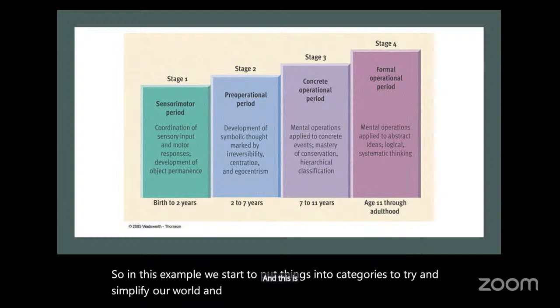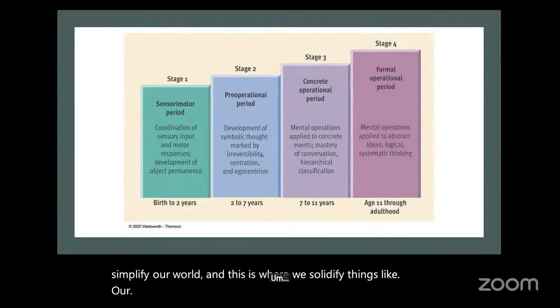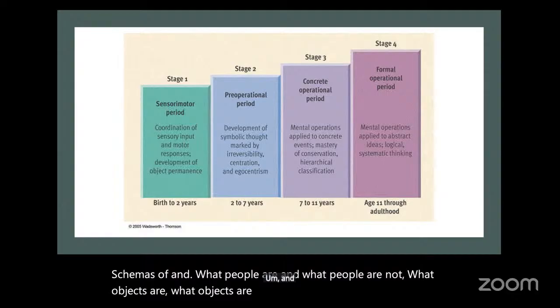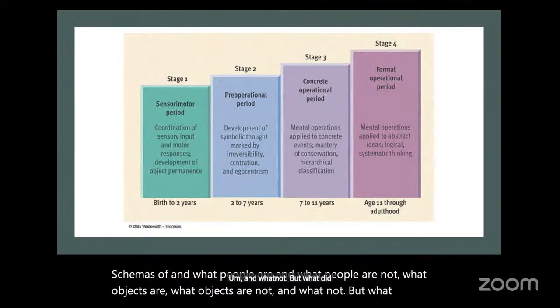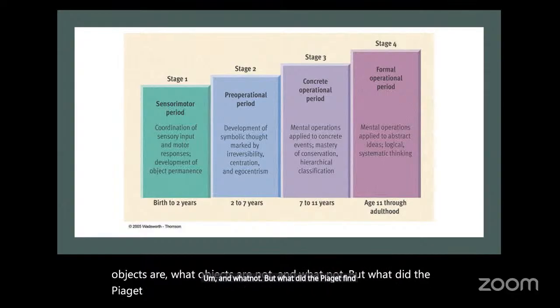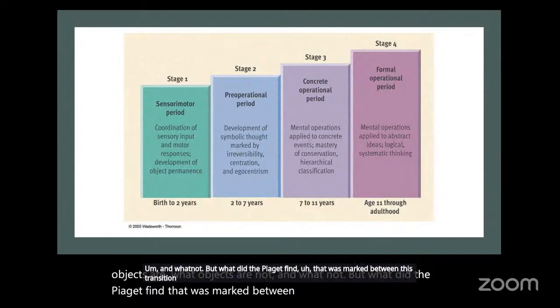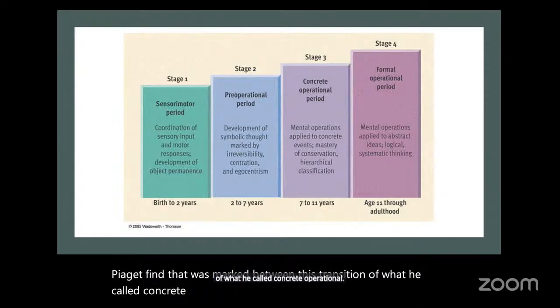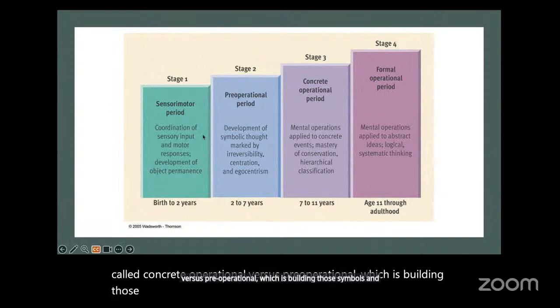And this is where we solidify things like our schemas of what people are and what people are not, what objects are not, and whatnot. But what did Piaget find that was marked between this transition of what he called concrete operational versus pre-operational, which is building those symbols and words for things?